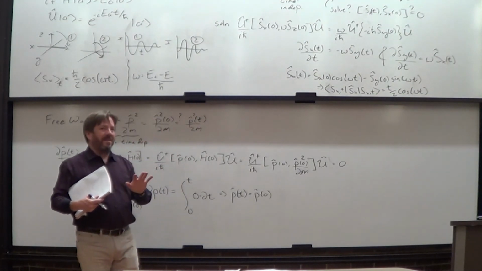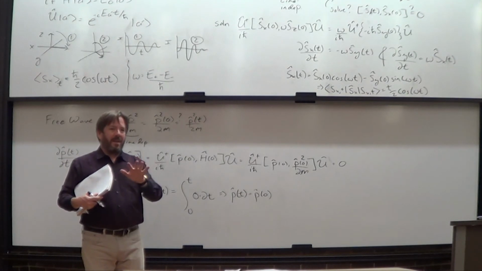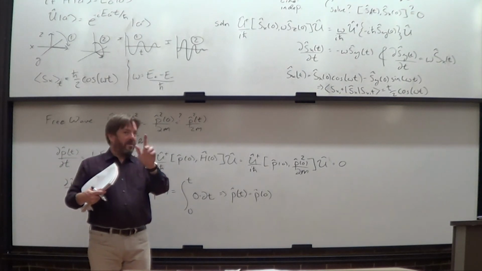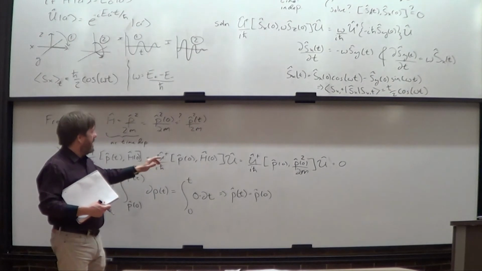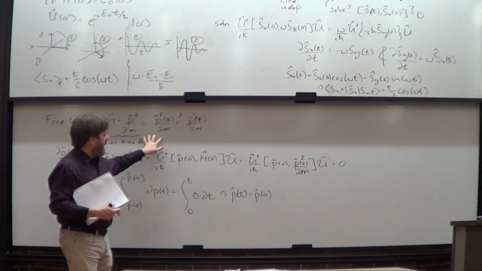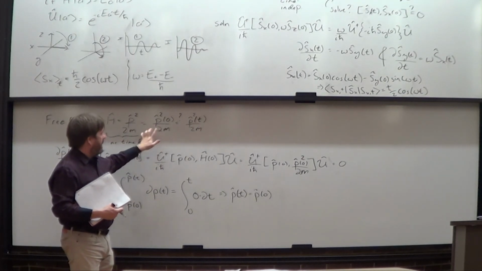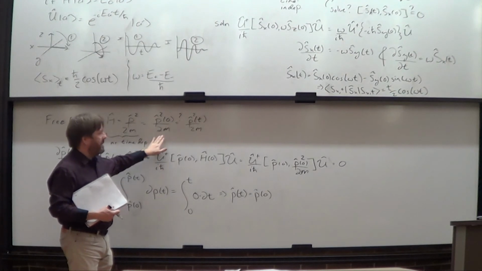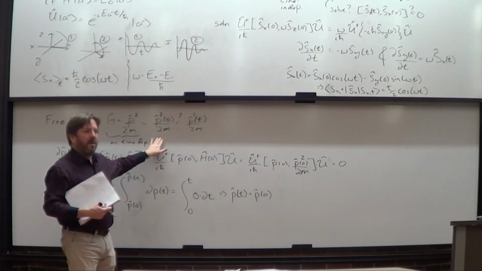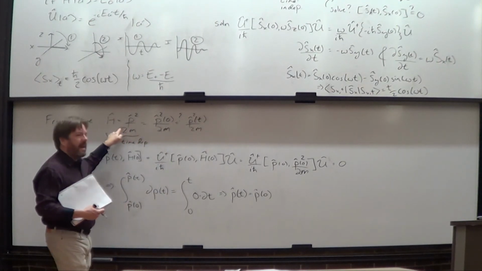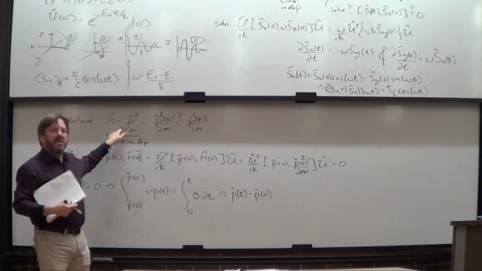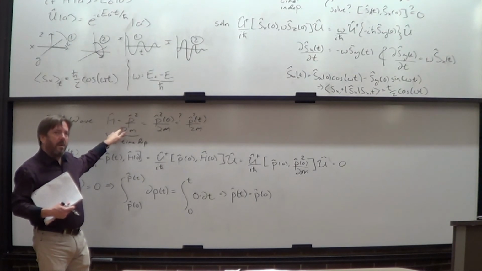Now you can solve it, so let me give you the answer. It turns out that because the Hamiltonian is time independent, remember, what did I say here? I said kinetic energy is p squared over 2m. Why would that change? That's 1/2 mv squared. That's solid. That ain't changing.